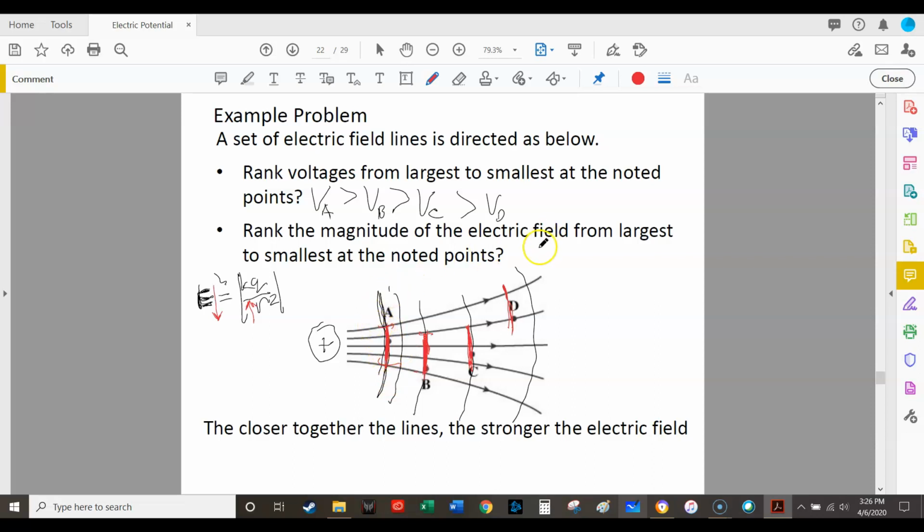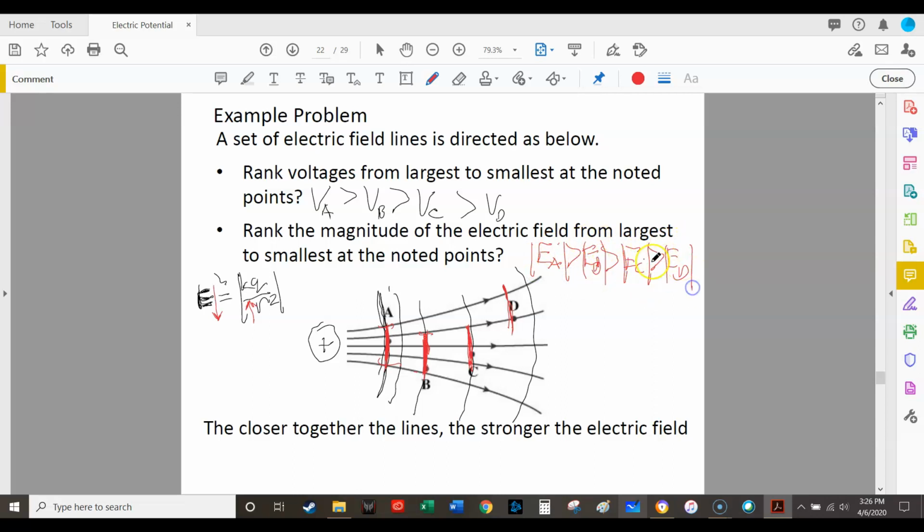And so what can be said is that the electric field at A is greater than the electric field at B, greater than the electric field at C, greater than the electric field at D. So we're just going in terms of magnitudes of strengths. I want to point that out.